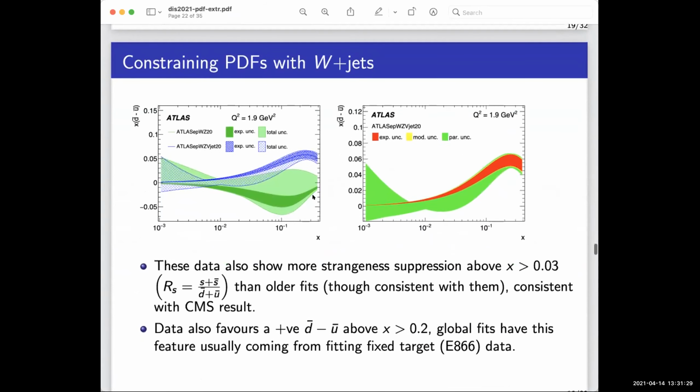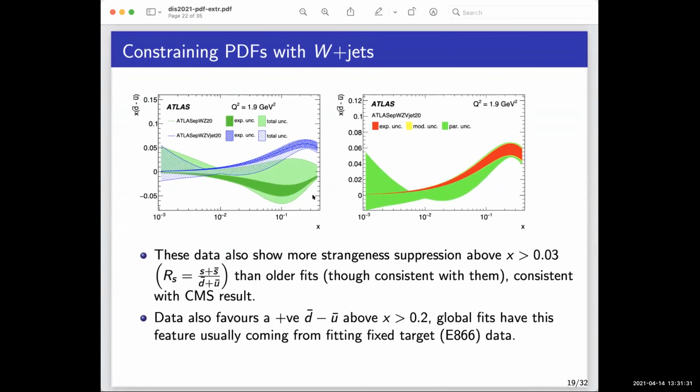If you want to look at something else, which is an interesting output of this, then you might be interested to look at the differences between D and U, and D bar and U bar. And indeed, we look at the difference between D bar and U bar, and this is coming mostly from the difference between W plus and W minus jets. You can see that there's a difference here.